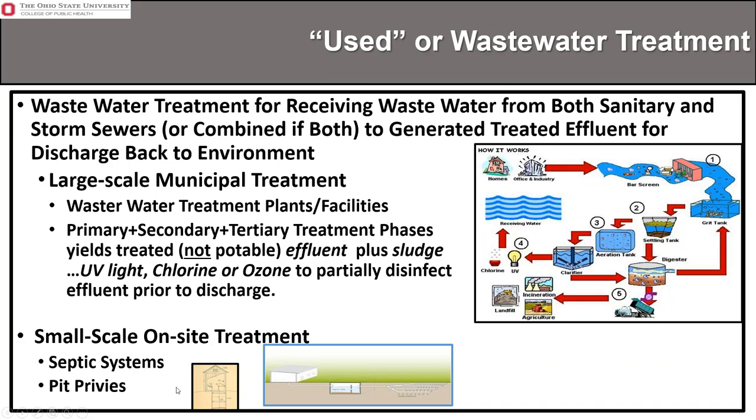So septic systems and pit privies or an outhouse or a septic system with distribution are small-scale on-site systems designed to do something very similar to stabilize the waste, but it's certainly not the same. So large-scale municipal wastewater treatment, small-scale on-site home treatment.